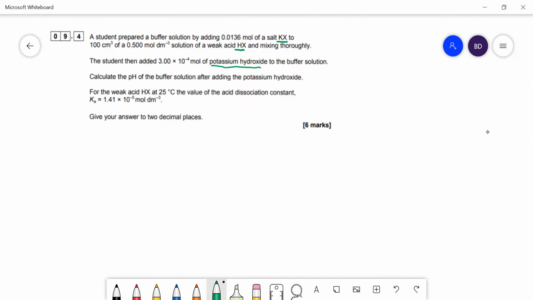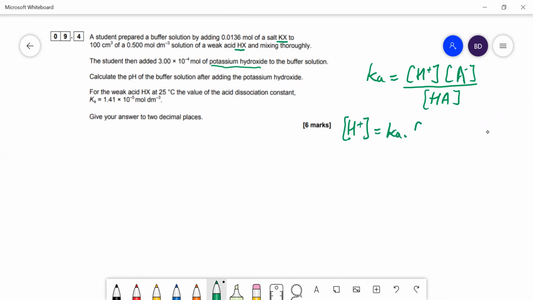Now, whenever we do a buffer calculation, I always rearrange this expression to make H plus the subject of it. So we know that H plus is going to be equal to Ka multiplied by the concentration of HA over A minus. Okay, so the H plus concentration is dependent on two things.